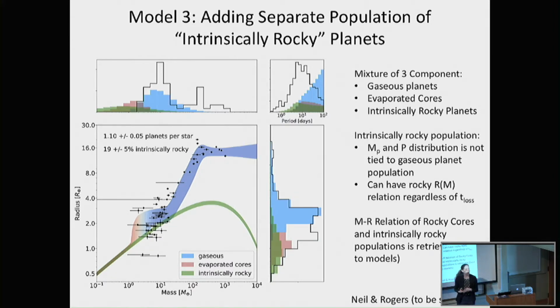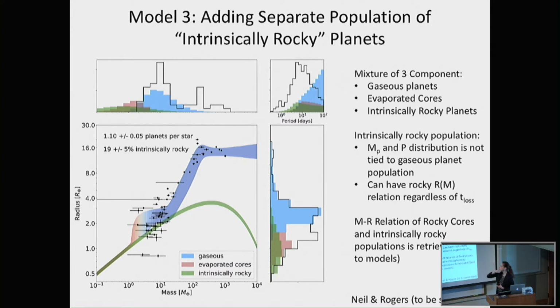We may also be curious whether there's a separate population of rocky planets that intrinsically formed as native rocky planets that never accreted primordial envelopes and aren't tied to the gaseous planet population in any way. So in our third model, we included a third component of intrinsically rocky planets for which the period and mass distributions aren't based upon those of the gaseous planet population.